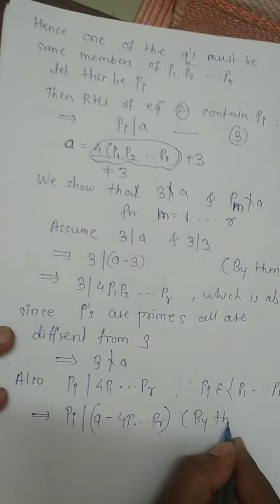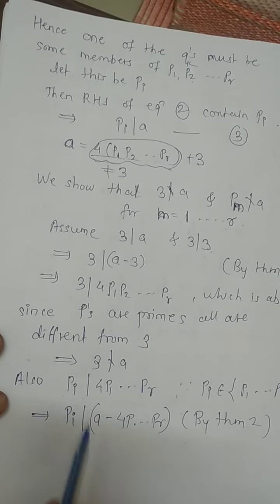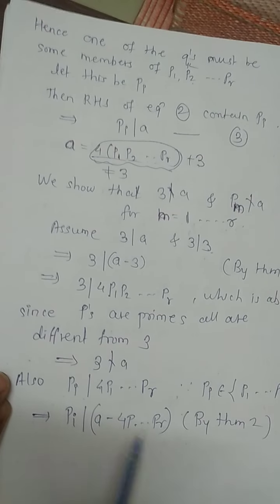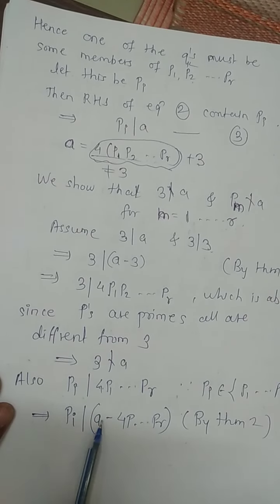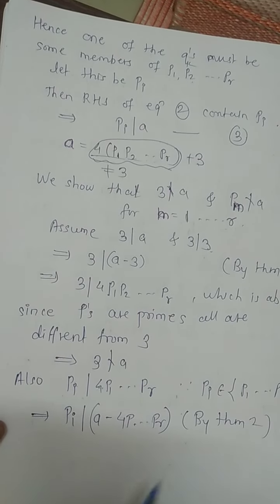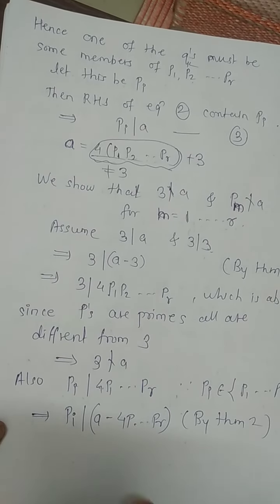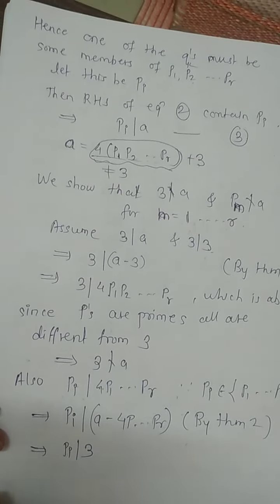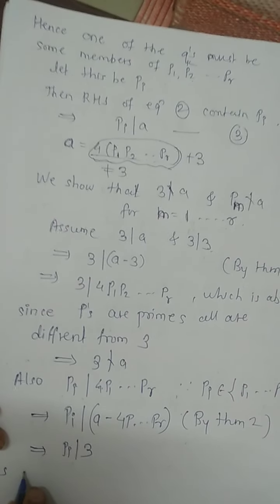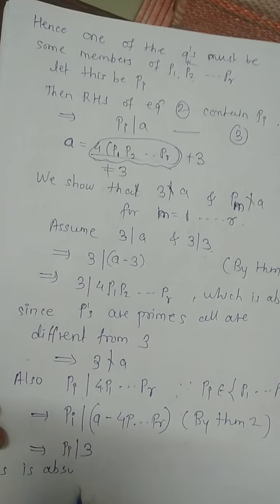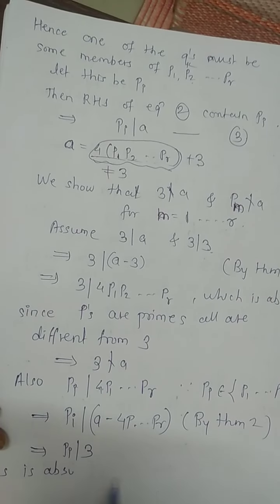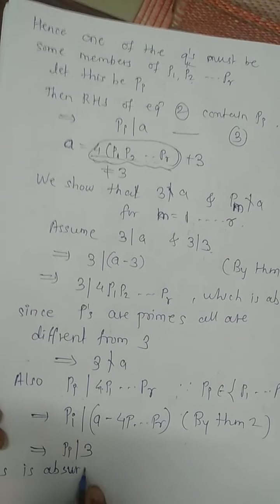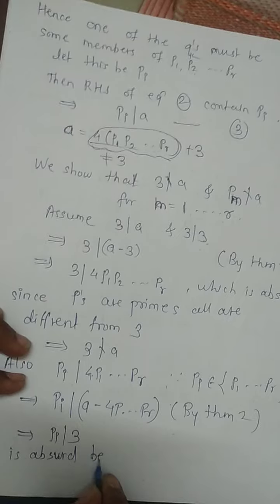Theorem 2 says if pi divides A and pi divides 4 p1 p2 pr, then pi divides a linear combination of A and 4 p1 p2 pr. So this implies pi divides 3. This is again absurd, because the pi are not multiples of 3. P0 is 3 but p1 up to pr are not equal to 3. This is again a contradiction.